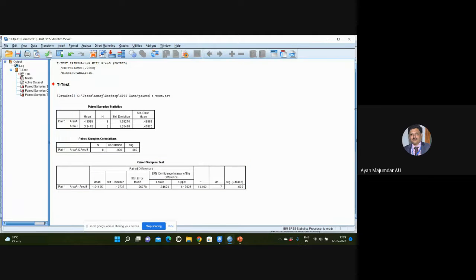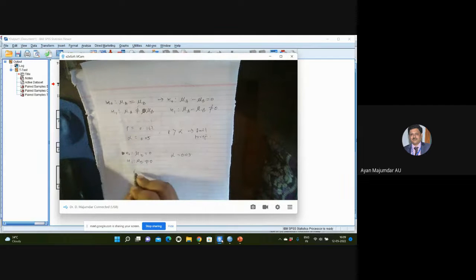These are the test results. This is a two-tailed test. The difference may be more, the difference may be less. We are stating that there is no difference. The significance level is 0.000, so our p-value is 0.00 and our alpha is 0.05.